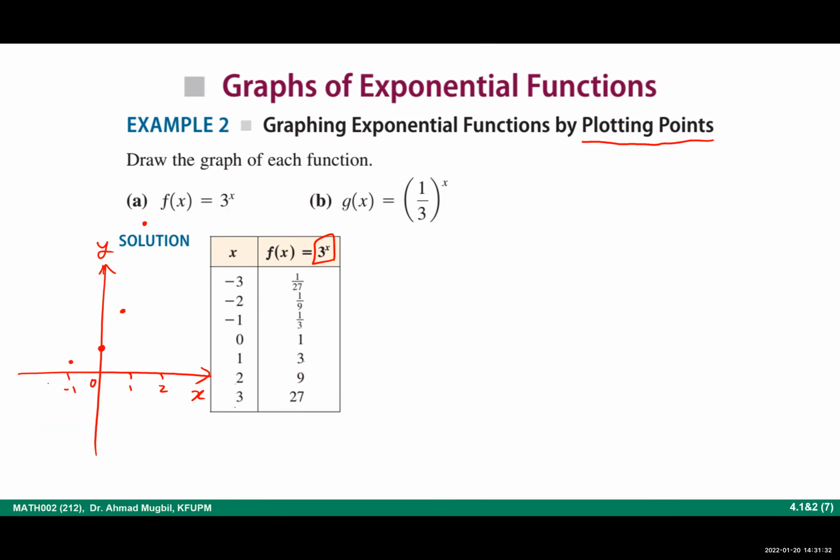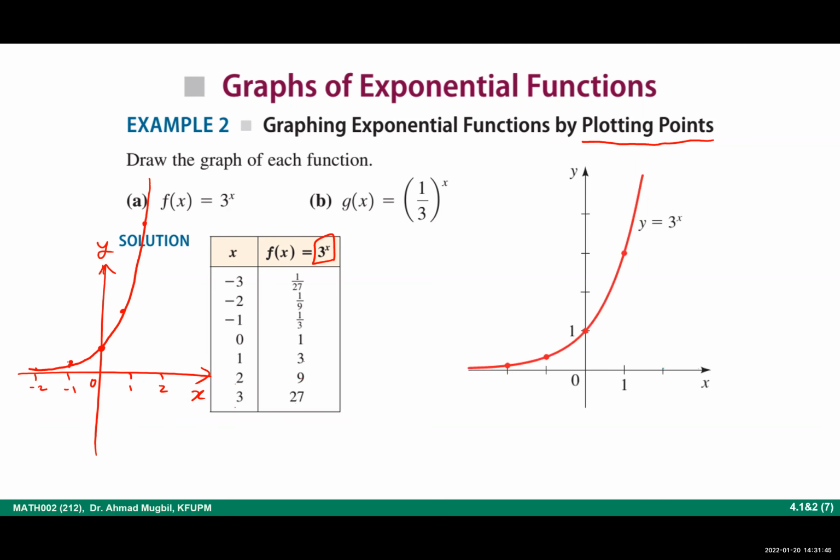A third, like here. When it is -2, 1/9, it will be very small here. Now we connect the points that we have plotted, and we will get this graph. Now we know how this specific function looks like. Excellent.